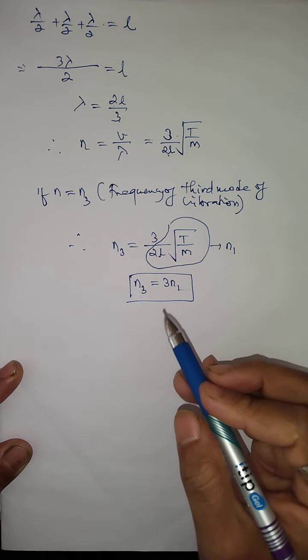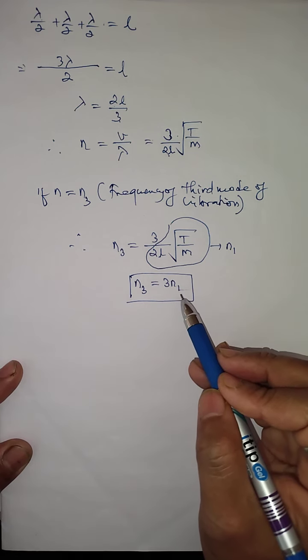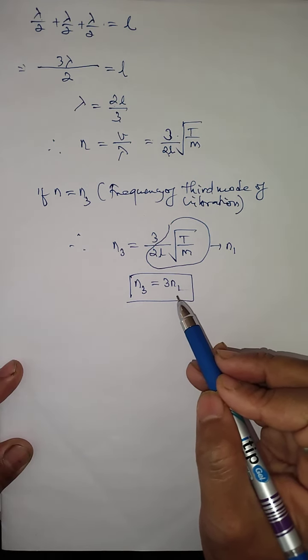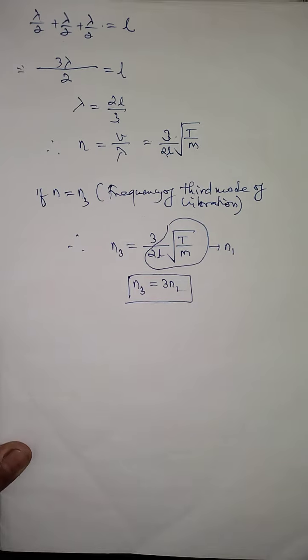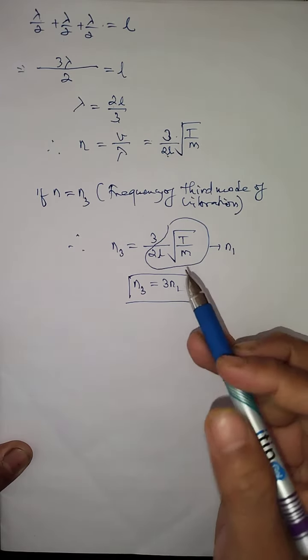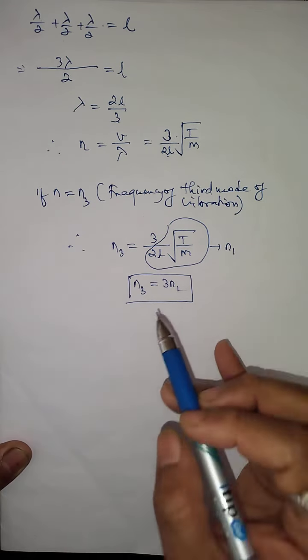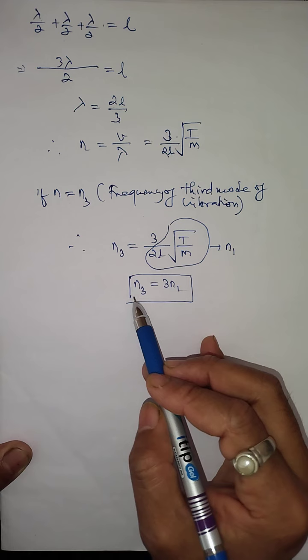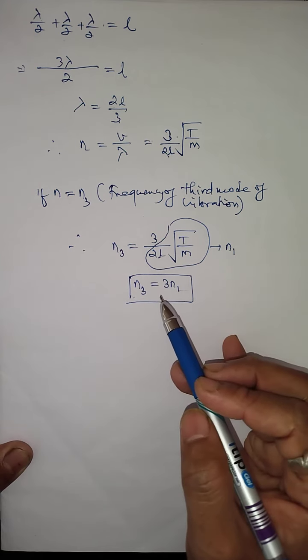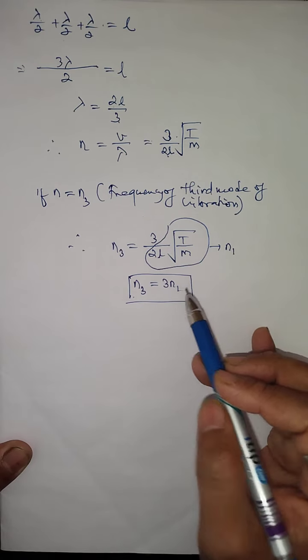What do you mean by this? The frequency of the third mode of vibration is 3 times the frequency of the fundamental tone, or the fundamental frequency. So in a stressed string, when it vibrates, the frequency of the emitted tone in the third mode of vibration, that is N3, is 3 times the frequency of the fundamental tone, also called fundamental frequency.